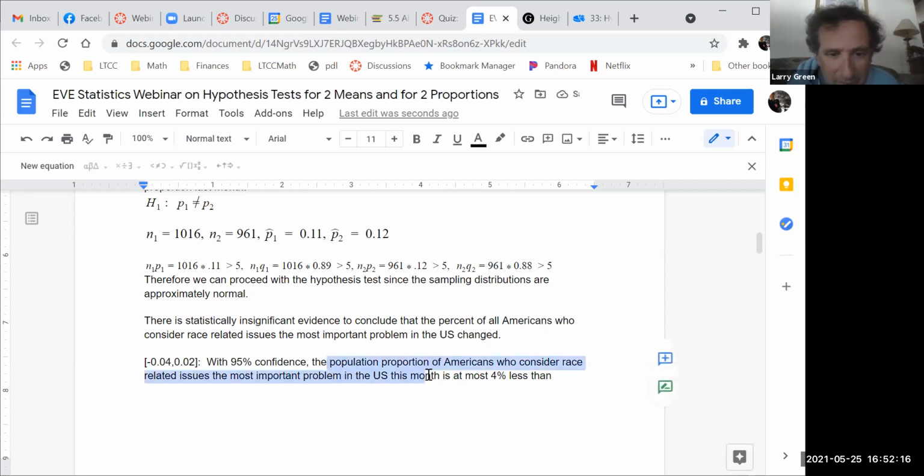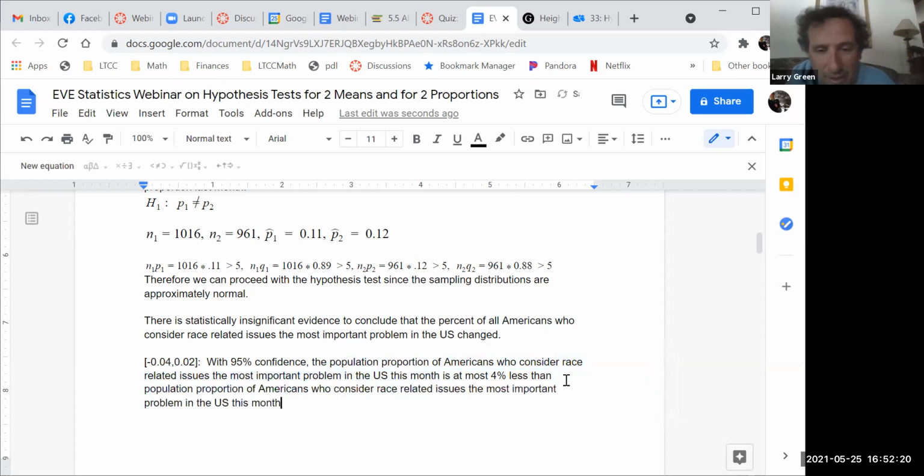Now I just copy and paste, change this to last, maybe change a little grammar. Then the population proportion of Americans who considered, because it was last month, race-related issues the most important problem in the United States, last month.